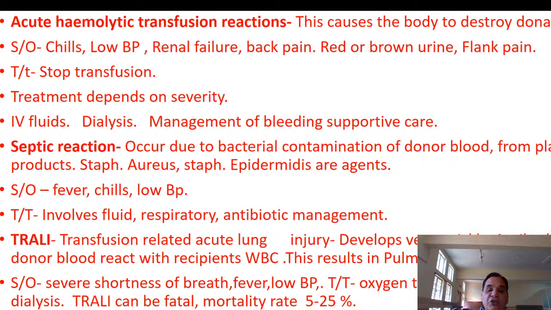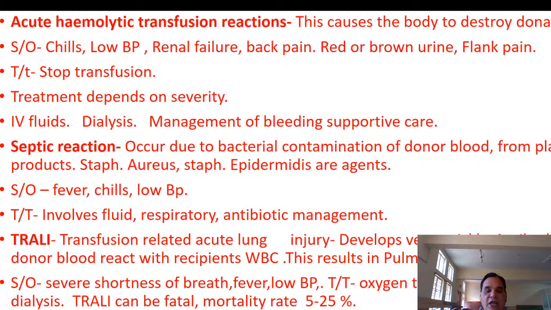Signs are severe shortness of breath. If the patient is running short of breath, be cautious. Low BP. The treatment is immediate: oxygen, ventilator support, dialysis, because TRALI can be fatal where the mortality is between 5 to 25%.